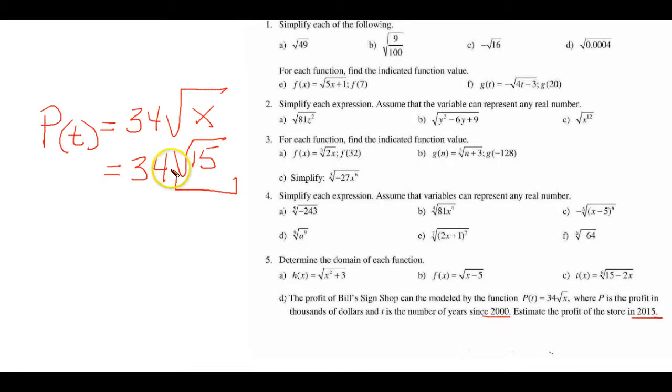Multiply it by 34, and the answer comes out 131,681. Now there's some cents there, but they want it in dollars apparently. So that is your answer.